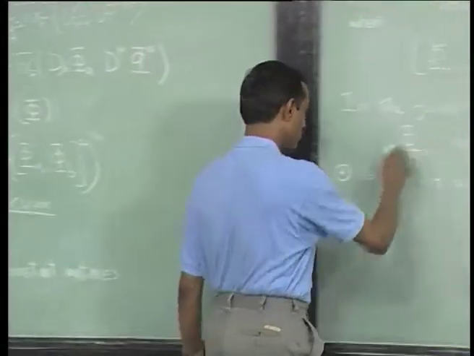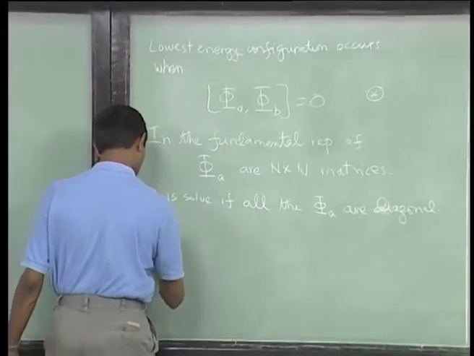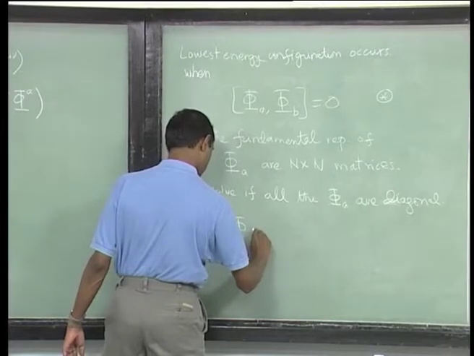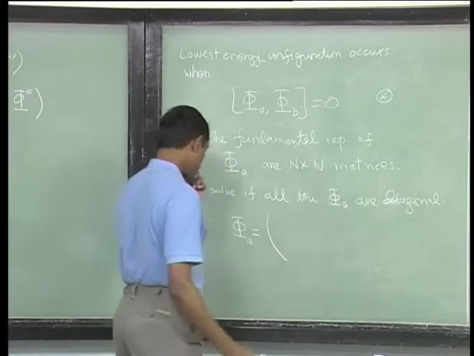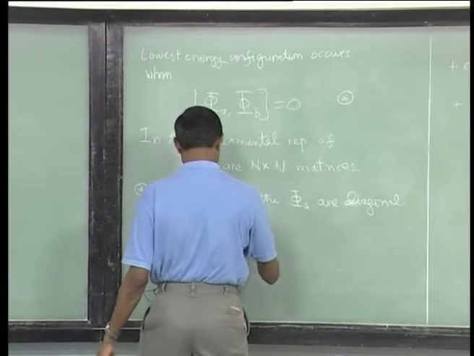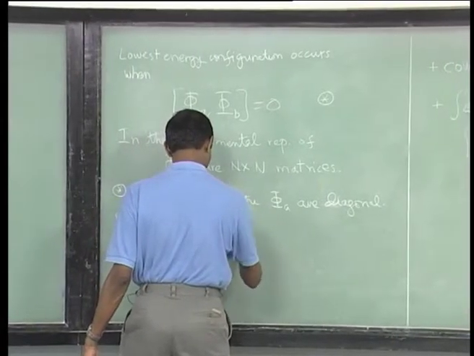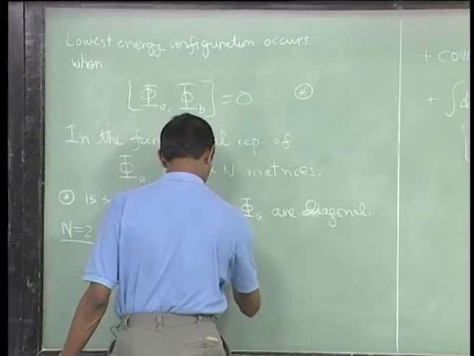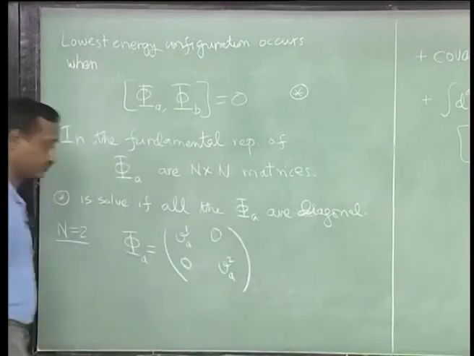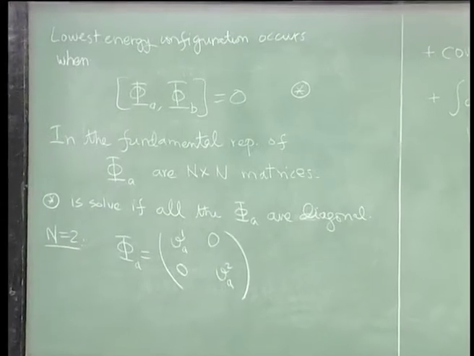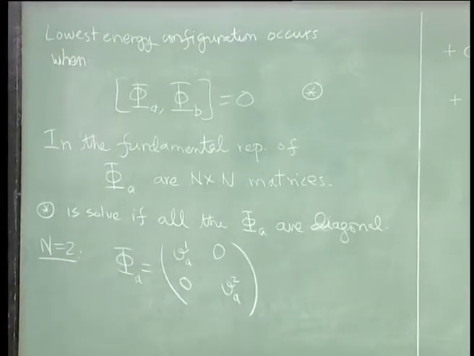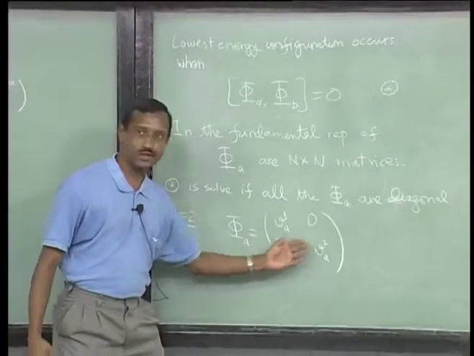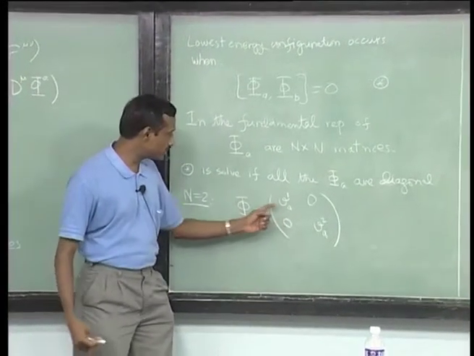Okay. So, let us just take n equal to 2, then you can see that I could write phi_A as the matrix with entries V_A1, V_A2, 0, 0. Now what we see here is that there is a whole set of vacua specified by how many numbers there are.